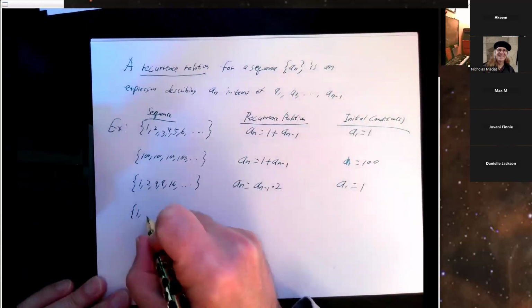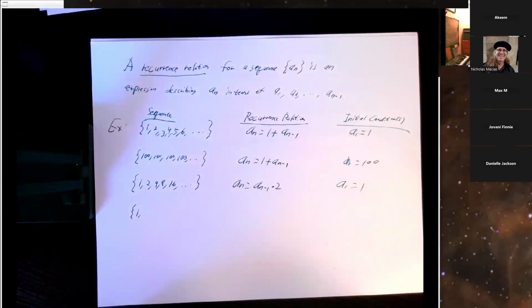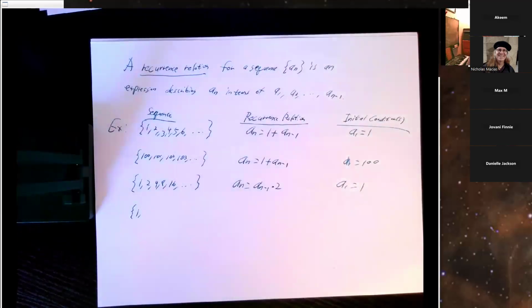I have a question. Yeah. And also the relation would be A_N is equal to... I was going to say 2 to the power N. So A_N is also equal to 2 to the N. And that's what we call a solution to the sequence.